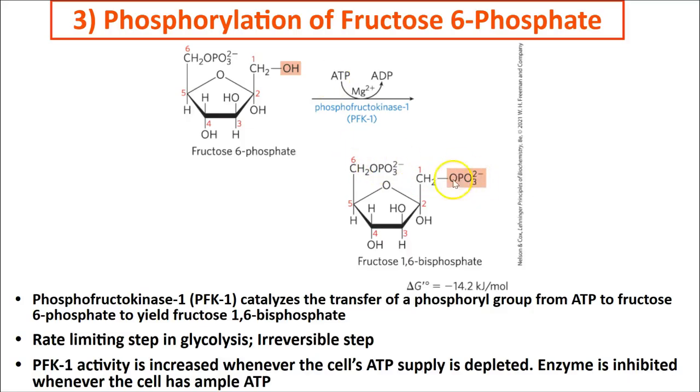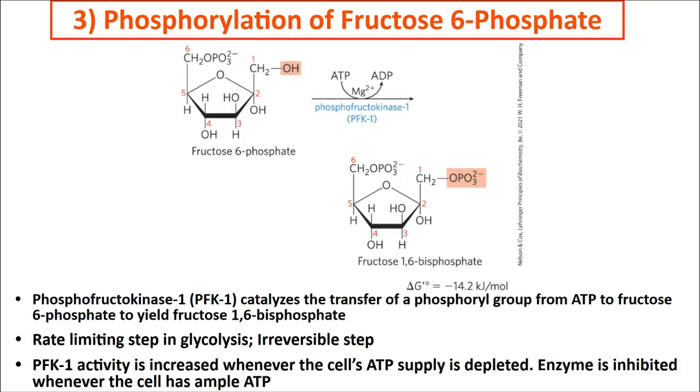The phosphate group that goes to this 1 position came from another source of ATP, where there's hydrolysis of the ATP to generate ADP. And so this is an irreversible step. And so now we can no longer go back to the form of glucose. This particular step is known as the rate limiting step of glycolysis.